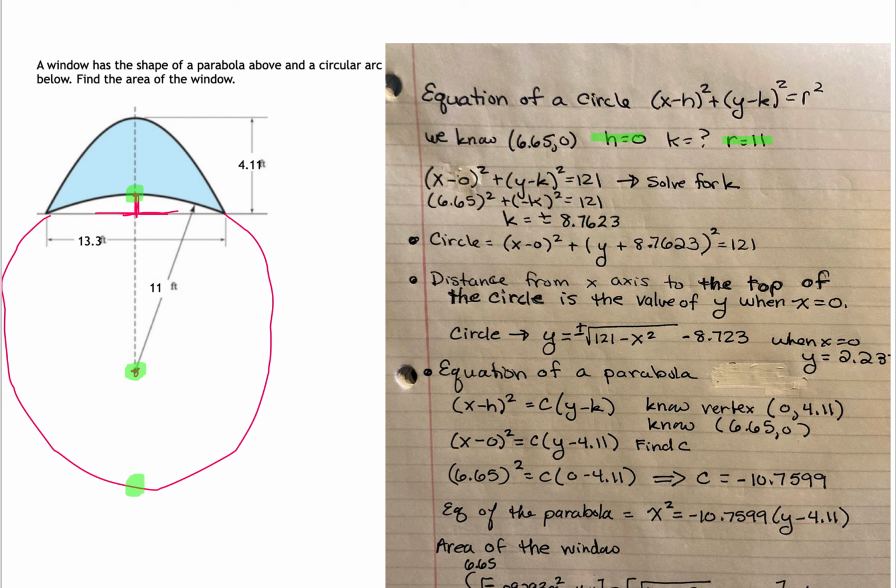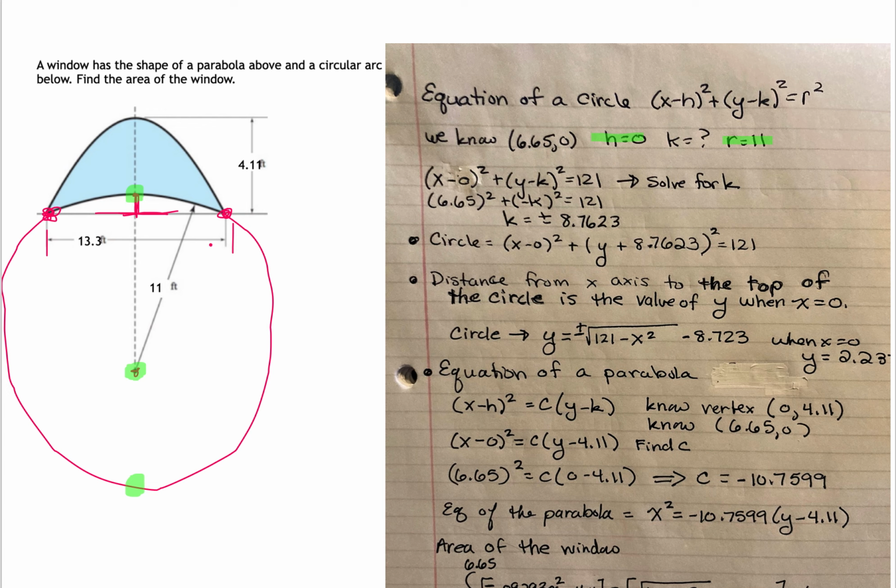And we also know two of the points, this point here and this point here on the circle. I know these two points because this information is given to us. This is saying from here to here is a distance of 13.3.